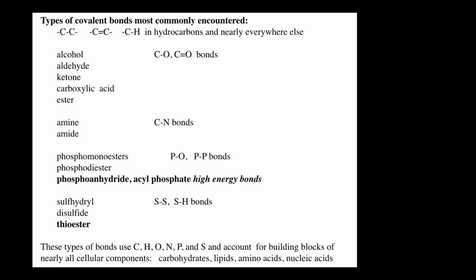The phosphorus-oxygen bonds are usually phosphomonoesters or phosphodiesters that are either part of the structural backbone of DNA, or are ways to dangle a phosphate group from a hydroxyl group on the surface of a protein. So phosphorylation of proteins is one of the most common post-translational modifications, and maybe we'll see an example of that later.